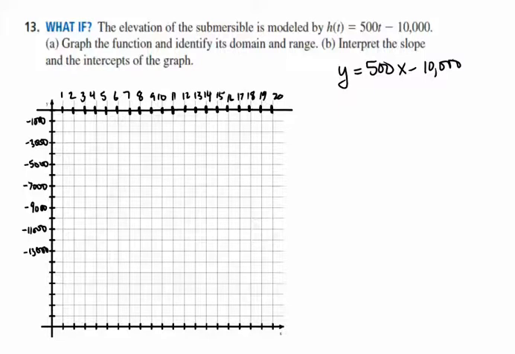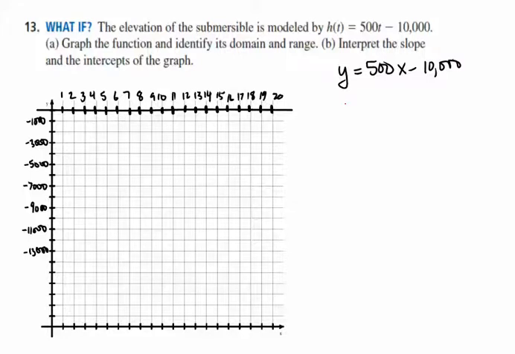So two things that we would want to do here to graph this, and one is to find its intercepts. Even though this is in y equals mx plus b form and not in standard form ax plus by equals c, we can use this form to still find out what the intercepts are.